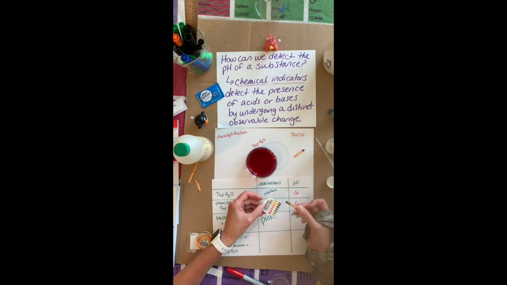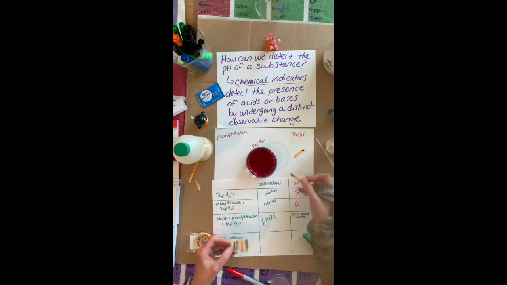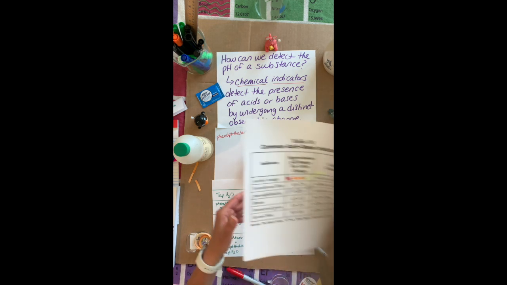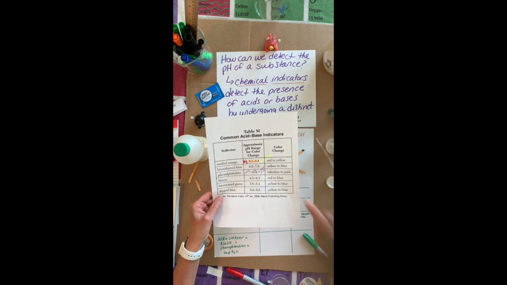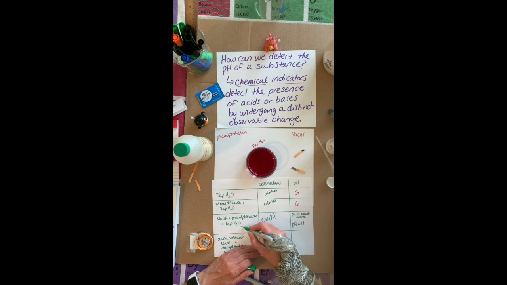It's got a mixture of colors there, but it's kind of bluish looking to me, right? You see that? So I'm saying maybe around pH of 11, which does make sense because we're above 9 and we're going to bright pink. Is a pH equals 11 for all three of those.